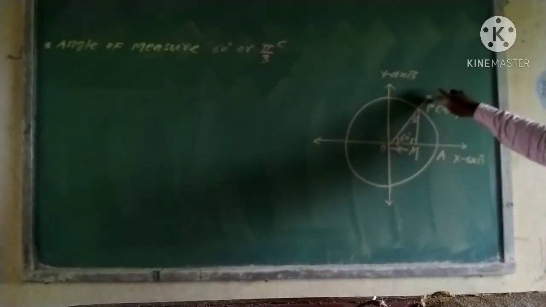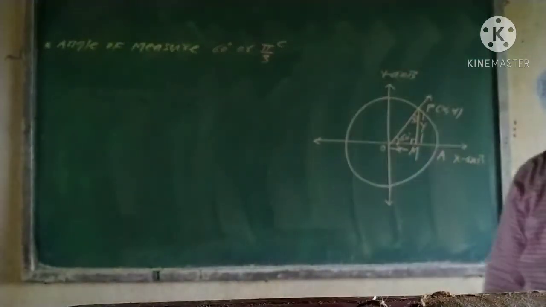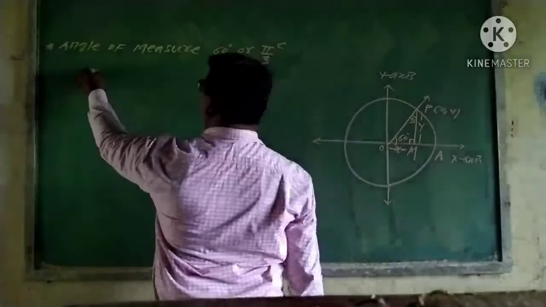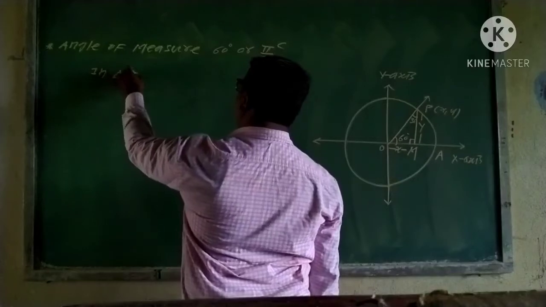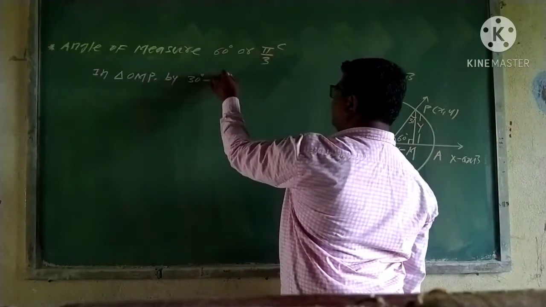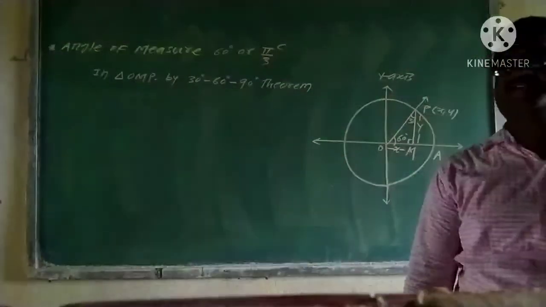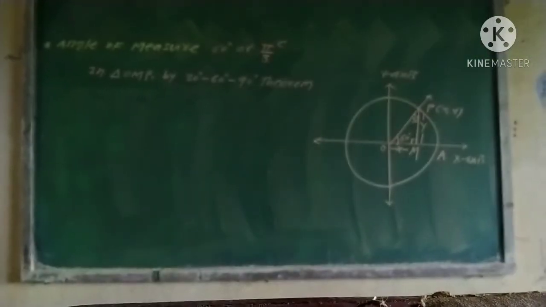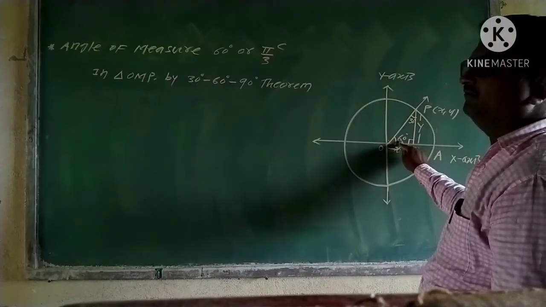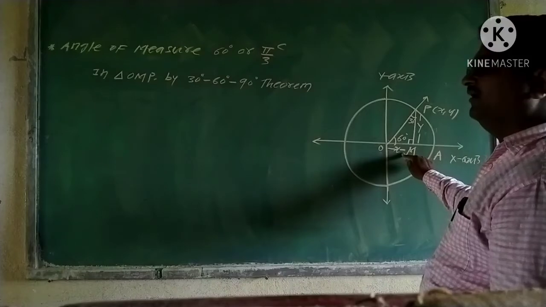The distance covered on the positive direction of y-axis equals y. So in triangle OMP, by the 30, 60, 90 theorem, the side opposite to the angle of measure 60 degree is equal to y, and the side opposite to the angle of measure 30 degree is equal to x.